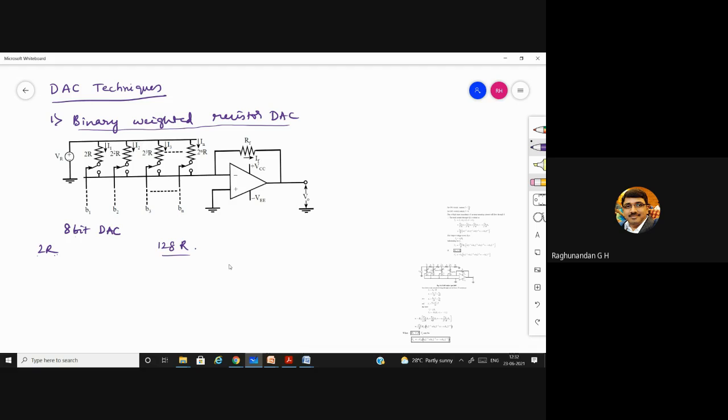So this large range of values we need to keep adding in the circuit, and also it will be very impractical to fabricate this many resistors. Everything finally comes in an IC form or in a small device form. So it will be highly impractical to fabricate this many resistors, because there is a large variation from the first resistor to the last resistor.